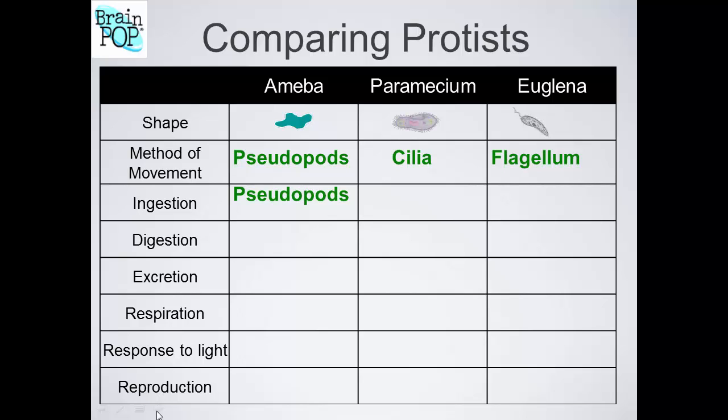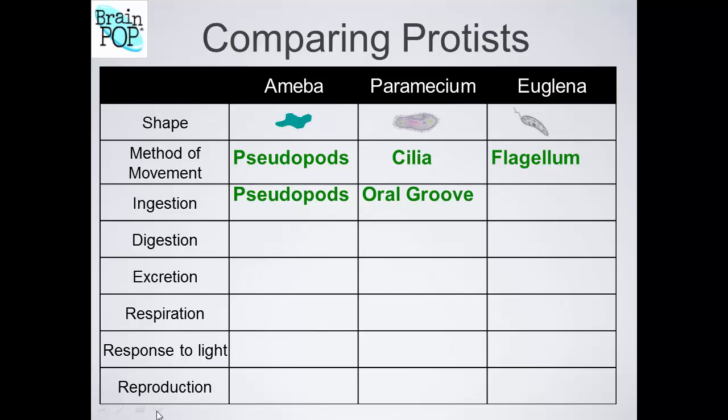They have a gullet, and what gets food into the gullet? The oral groove, which leads into the gullet, which leads into a food vacuole. And there's cilia in the oral groove that wave the food molecules in so they can go down into the gullet.